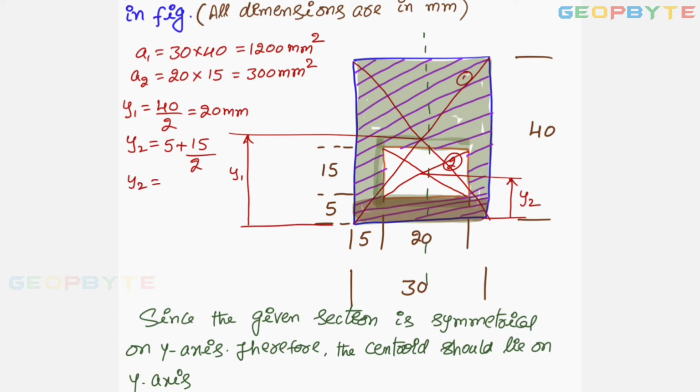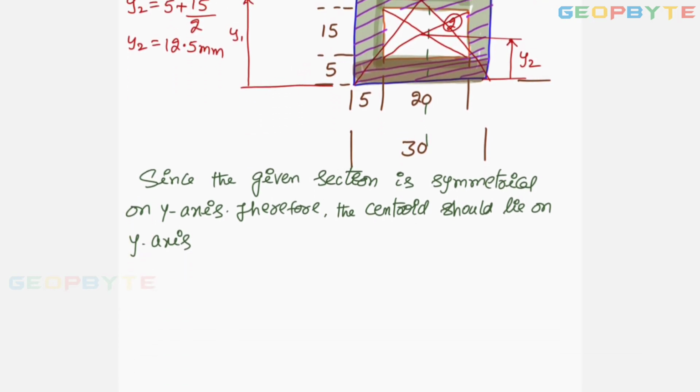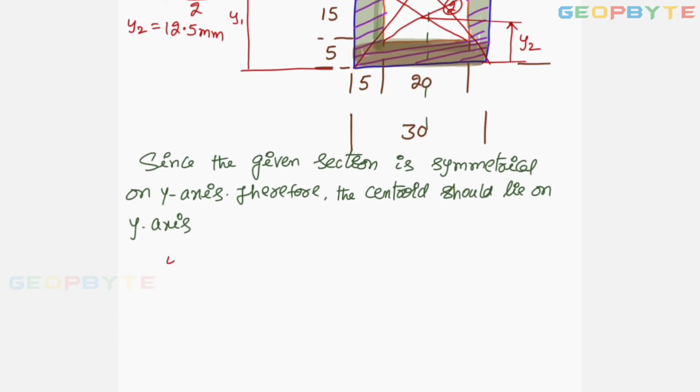y2 equal to 7.5 plus 5, 12.5 mm. Then y bar equal to a1 y1 minus a2 y2 divided by a1 minus a2.